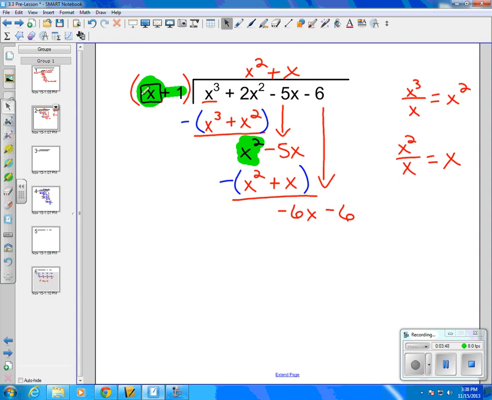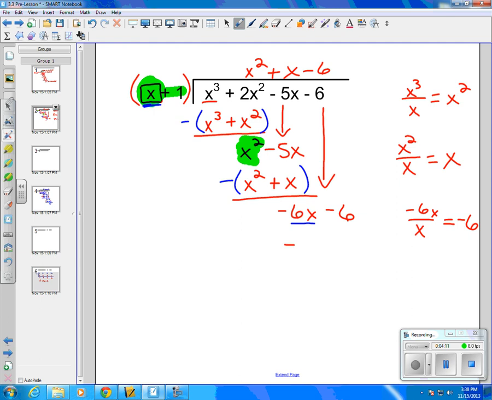And once again, we ask ourselves how many times does x go into negative 6x? Well, x going into negative 6x means we would be left with negative 6 when we perform that division. So we have minus 6 up in our quotient. And now we would do negative 6 times x plus 1.